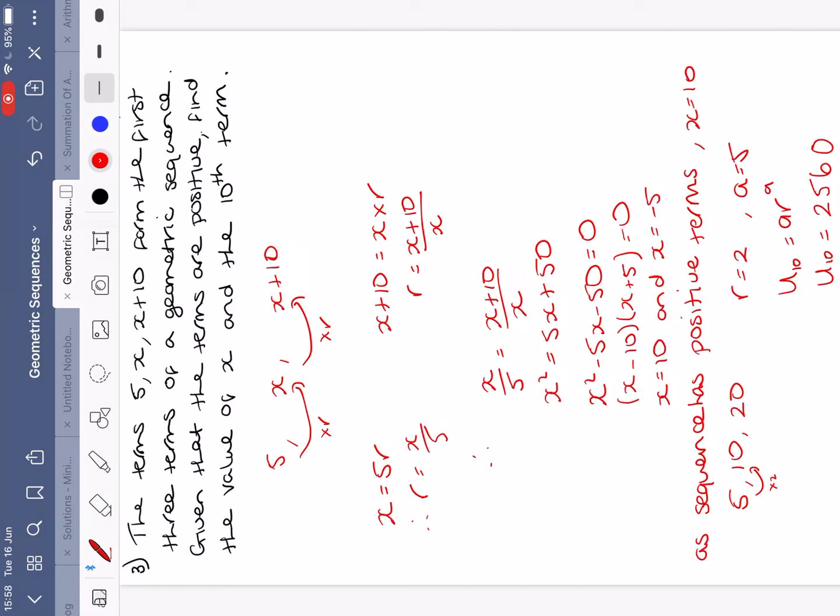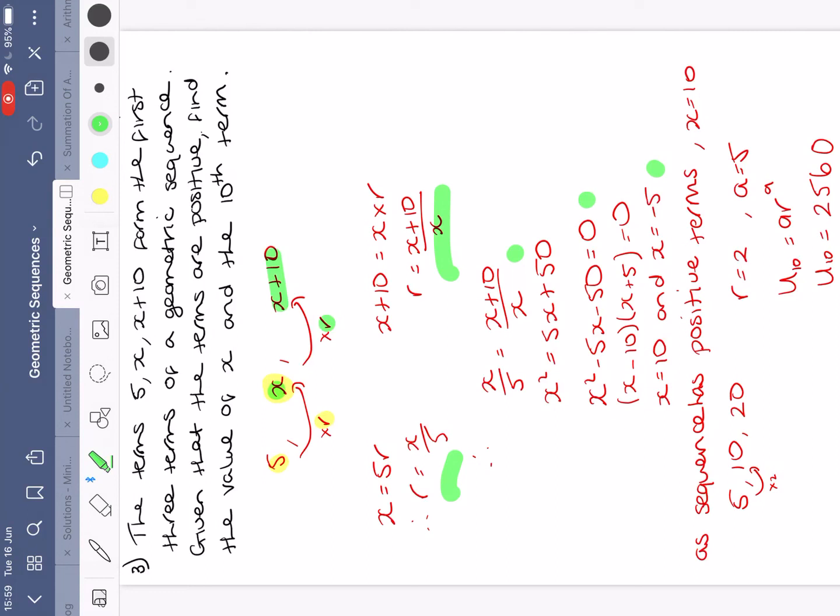Okay, so this is one where you're given the terms algebraically. You know that x is 5 times r. You know that x plus 10 is x times r. Rearrange those both to be r equals, make them the same, and you can show you have a quadratic equation, and you get x equals 10 and x equals minus 5.